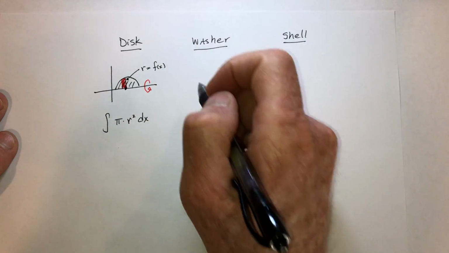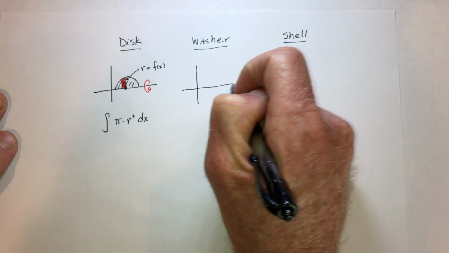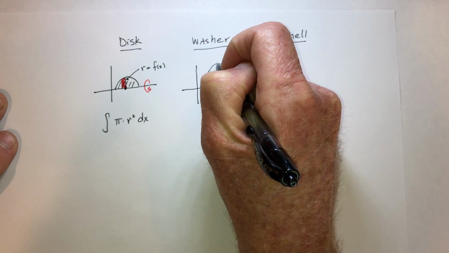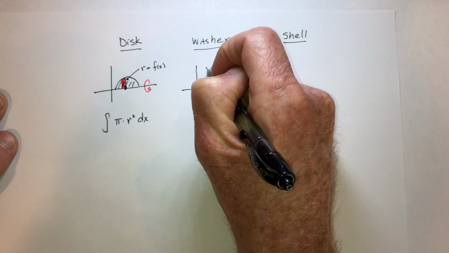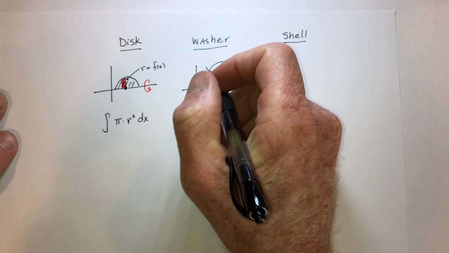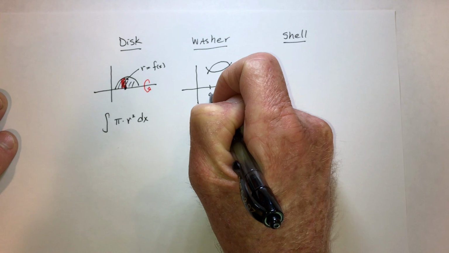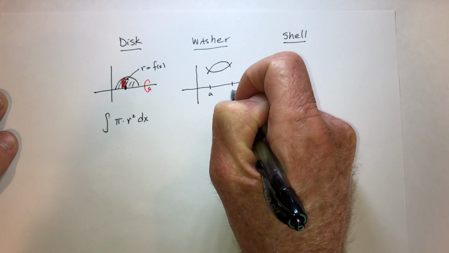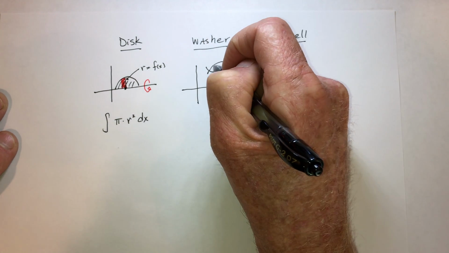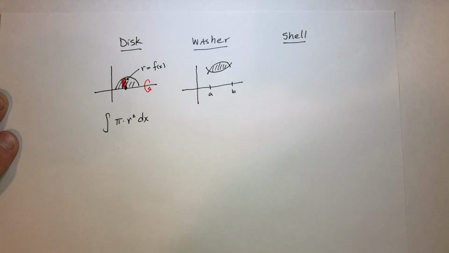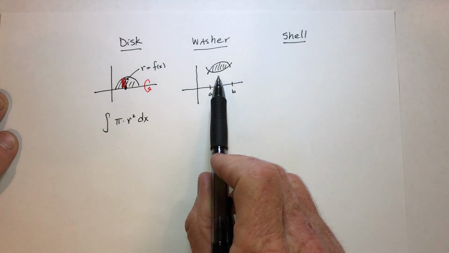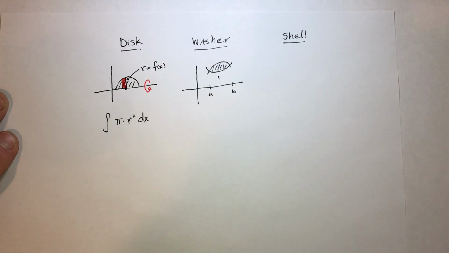Now, what about the washer method? So that would be if you have one function like this and another function like this, and let's say they intersect at x equals a and x equals b, and then this is the region being talked about, then there's this gap or this hole.